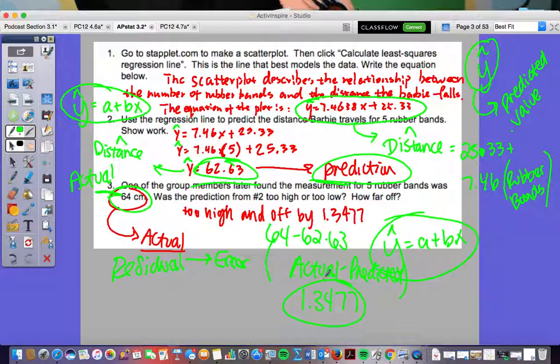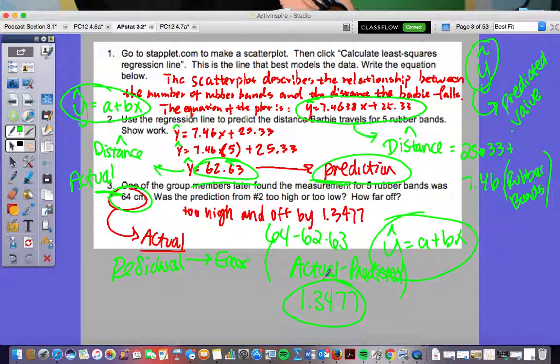The distance between these two is called, does anyone know? My residual. It's like the error, okay? It's the error, the residual. So what do we call this? The actual minus predicted is equal to the residual. It's equal to what my error would be.